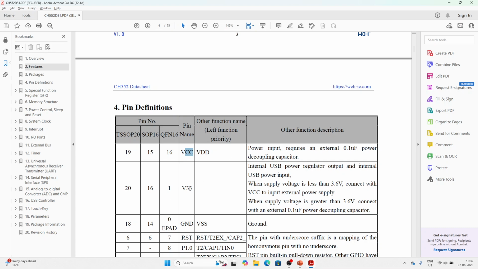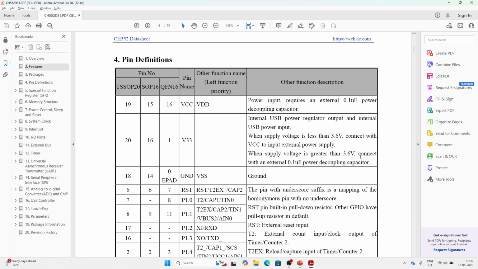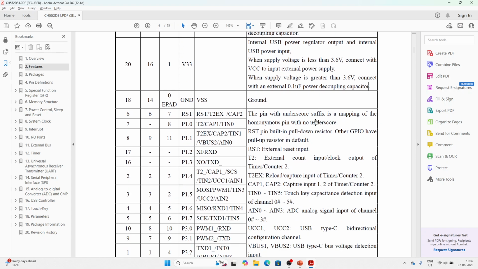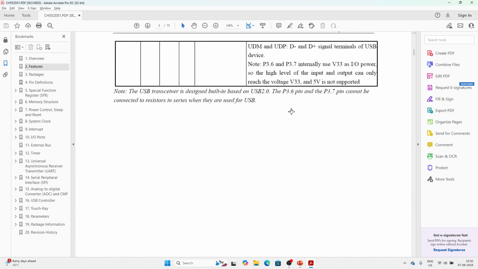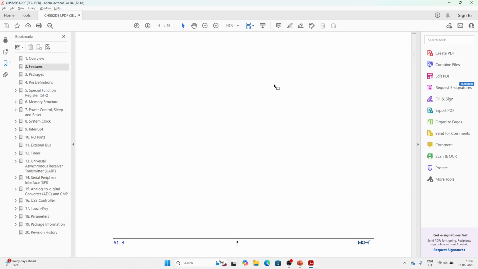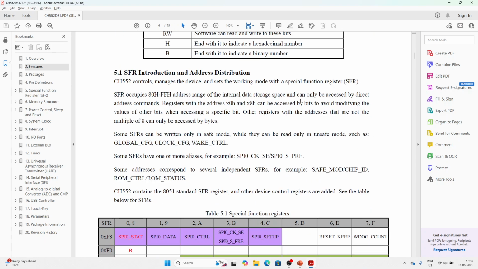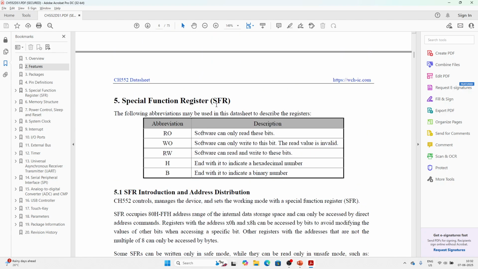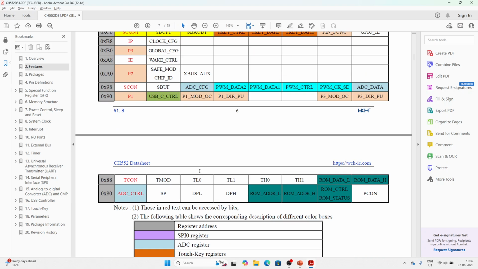For 3.3 as well, it also requires a 0.1 microfarad decoupling capacitor. So that needs to be noted. Are there any power requirements down here? Nothing of that sort. This talks about special function registers, which doesn't talk about power requirements.